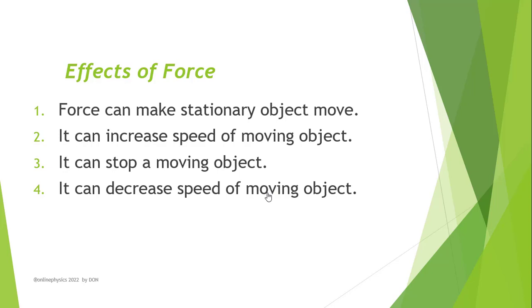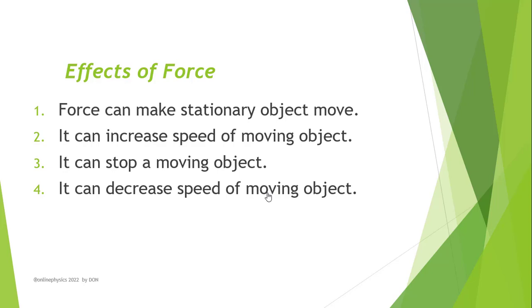We can give an example of somebody running on a track, and somebody else stands in front of him and pushes, putting some force against the direction of motion. You realize that the moving object will stop. That is also an effect of force.